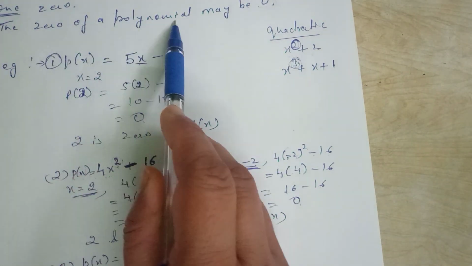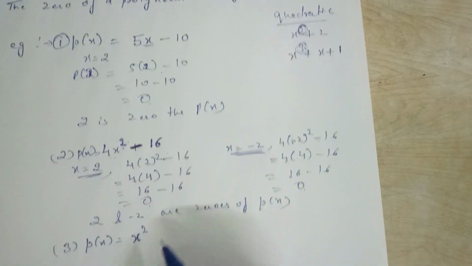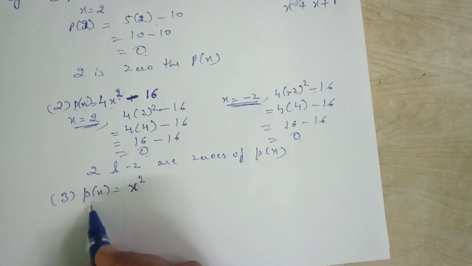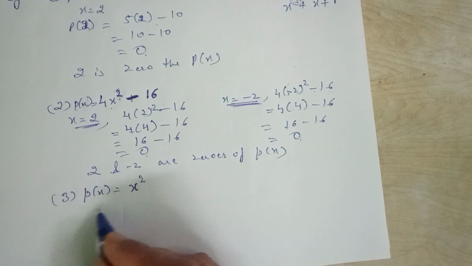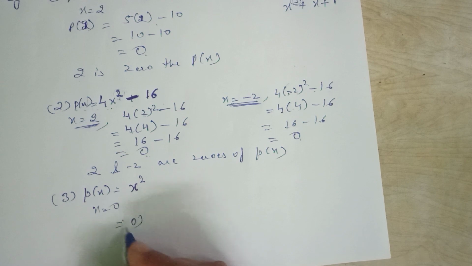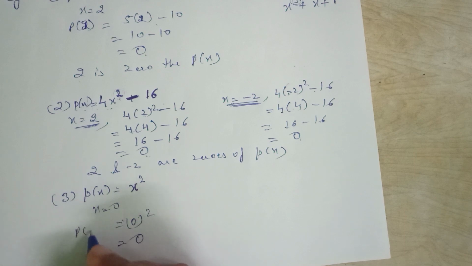Now, let us see the last point. The zero of a polynomial may be 0. I am taking the third example, p(x) = x square. Now, if we take x equal to 0 and square it, 0 square will give 0. So we can say that on taking x equal to 0, the value of the polynomial becomes 0.